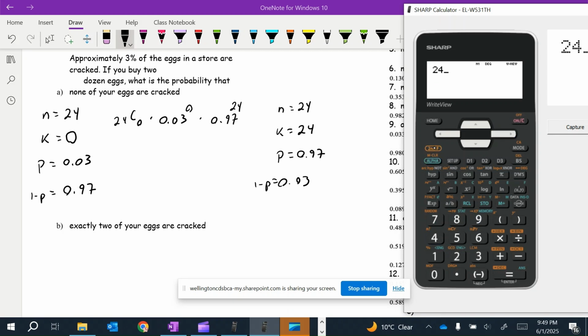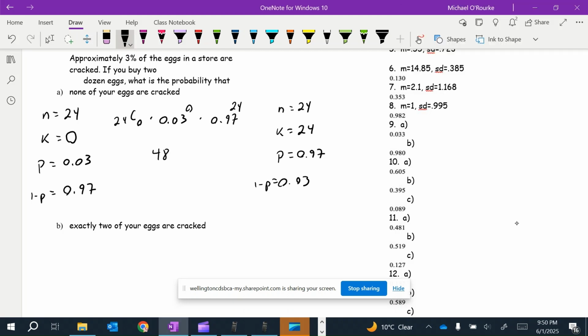So 24C0 times 0.03 to the power of 0 times 0.97 to the power of 24. So 48% chance. Now that would be 0, and that's going to be 24 minus 0 to get me that number.